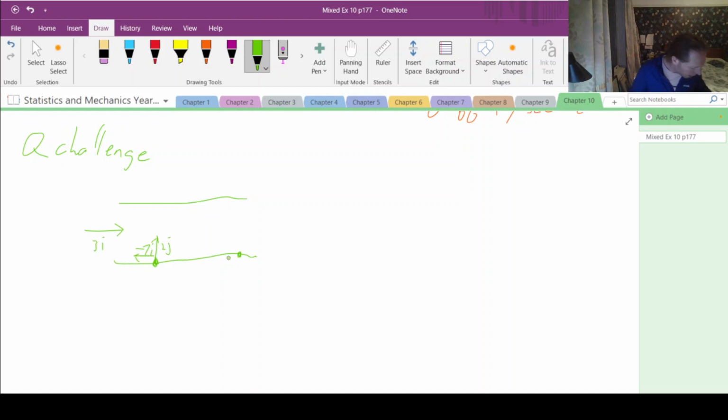And this one is doing KI and plus J. Doesn't really matter, they haven't distinguished it. Given that the boats are accelerating in perpendicular directions, find the value of K.